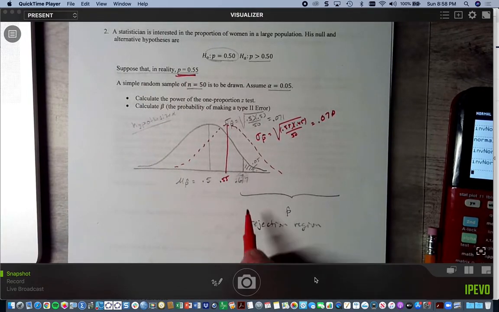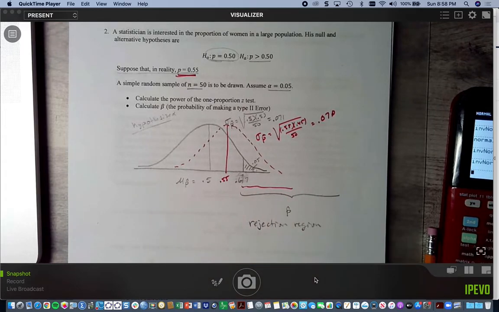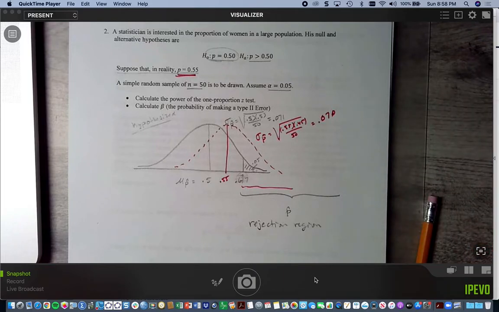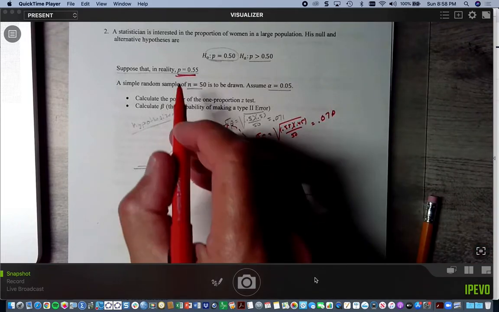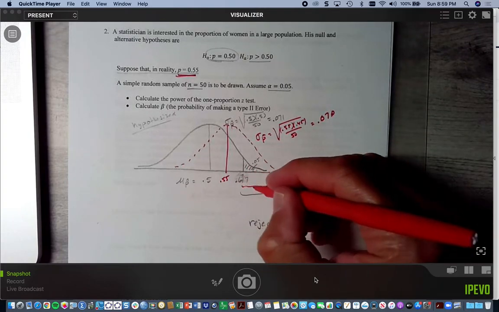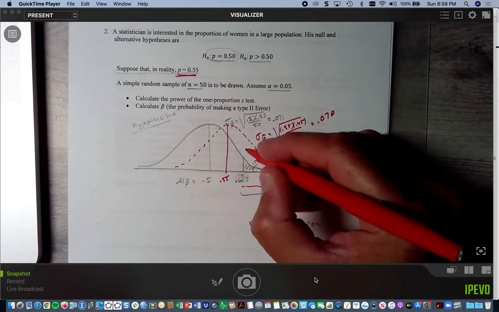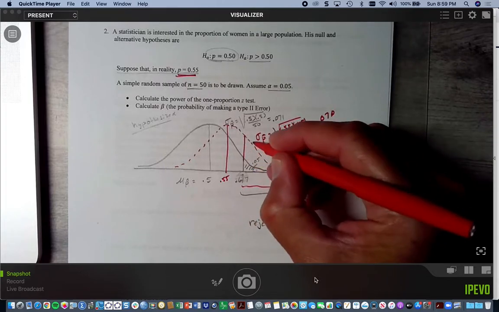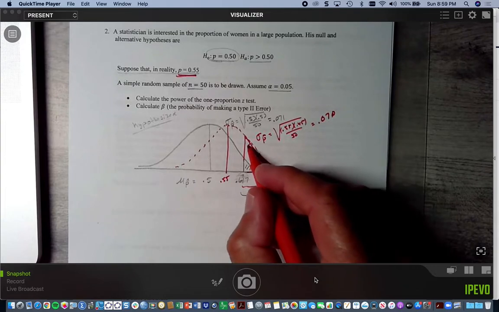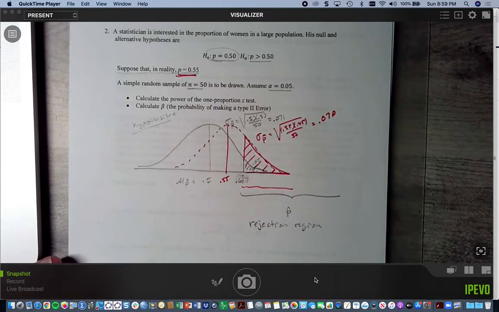All right, and then we want to know, how likely is it that we're going to end up out here in this tail? Now we're looking at the reality that we're selecting from a population that has 55% women. So if we want to know the likelihood that we're going to be out here above 61.7, we really need to look at this probability and calculate what's in that right tail.